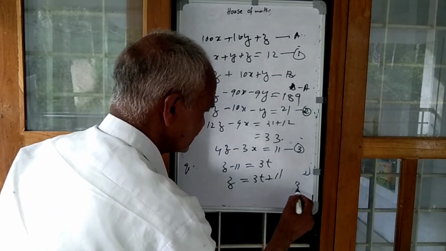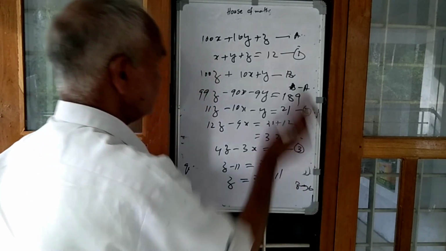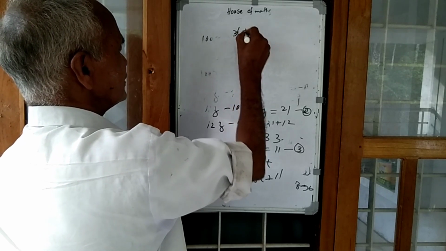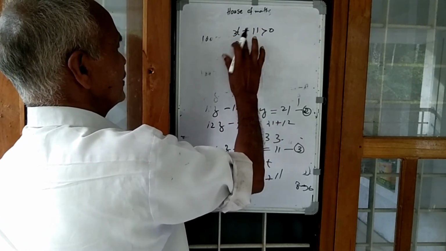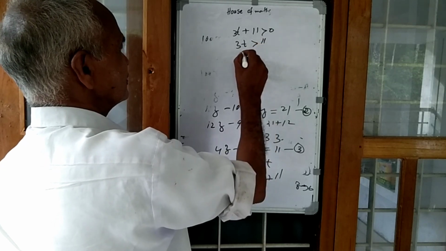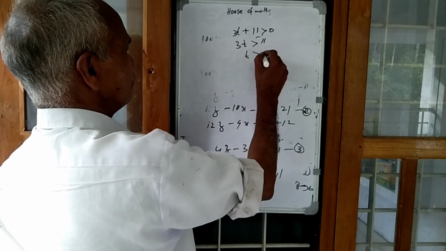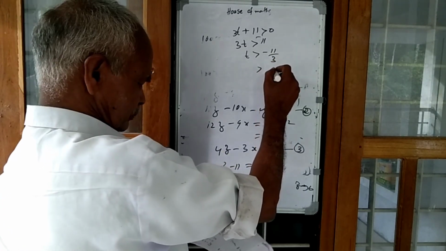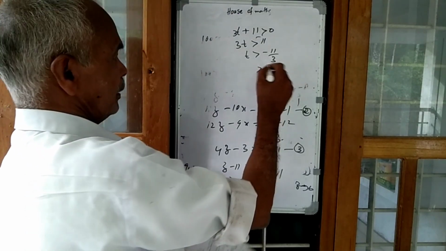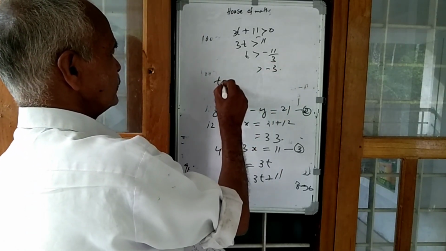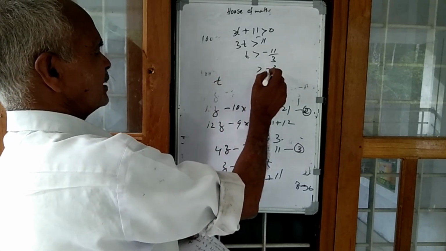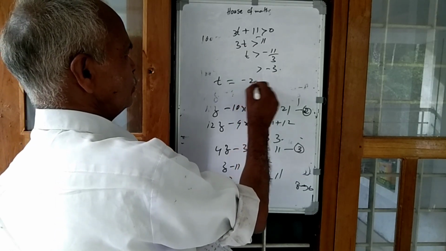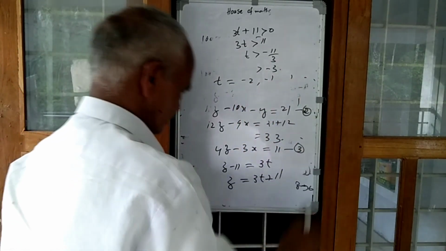Since z is greater than 0, that is a positive integer, therefore 3t plus 11 is greater than 0, that is 3t is greater than minus 11, that is t is greater than minus 11 by 3, that is t is greater than minus 3. Therefore, t takes all values greater than minus 3, that is t is minus 2, minus 1, 0, 1, etc.